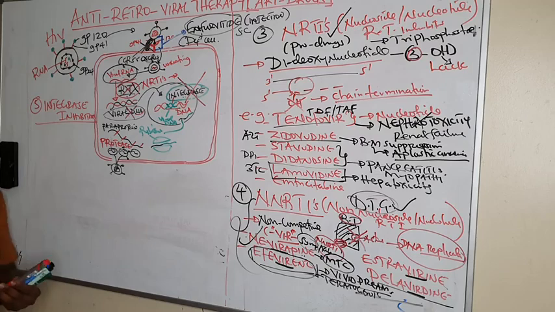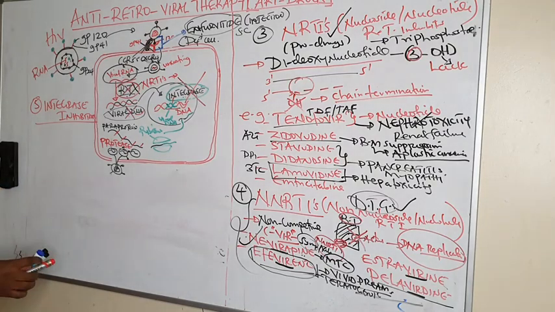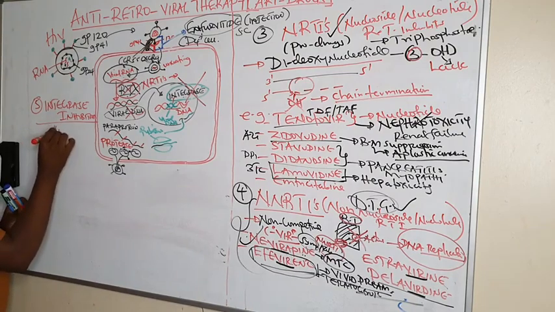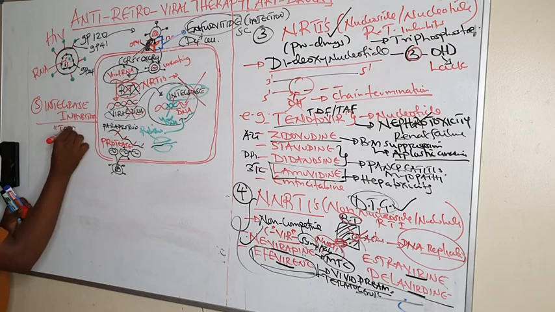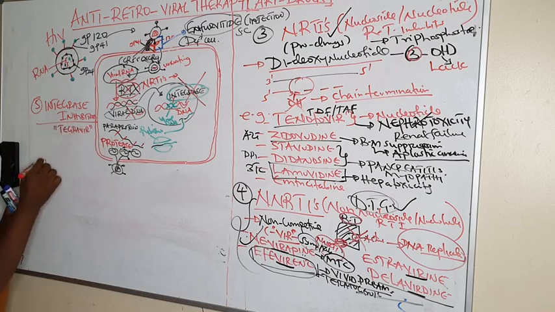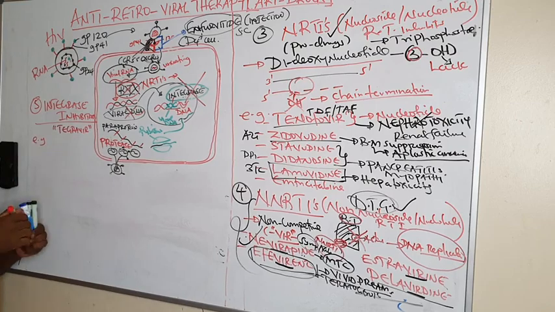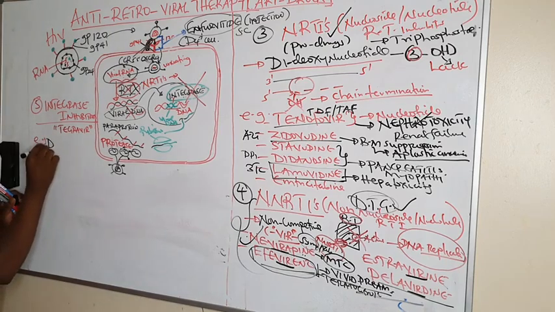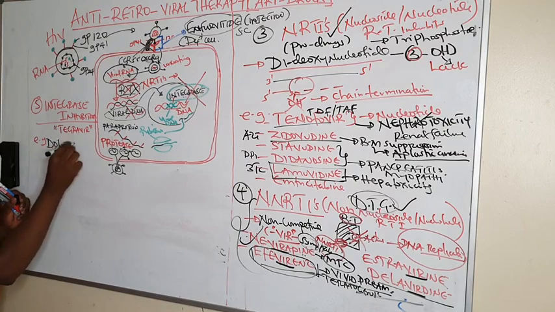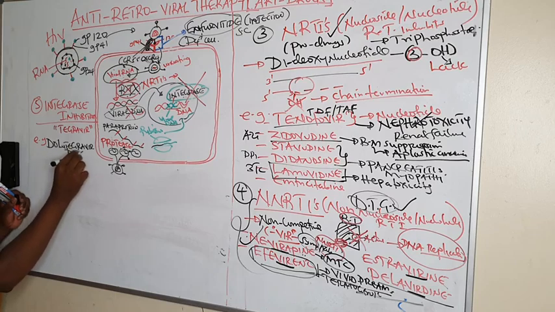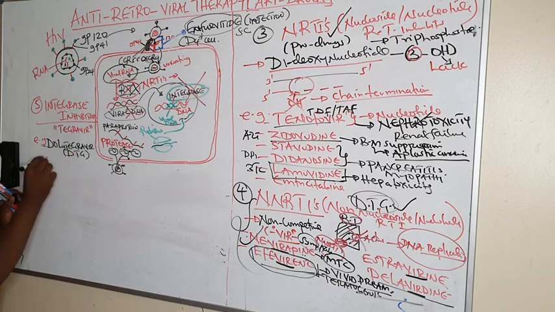Examples of drugs under integrase inhibitors end with the suffix tegravir. Two are commonly being used, that is dolutegravir, which you can abbreviate as DTG, and the second one is raltegravir.